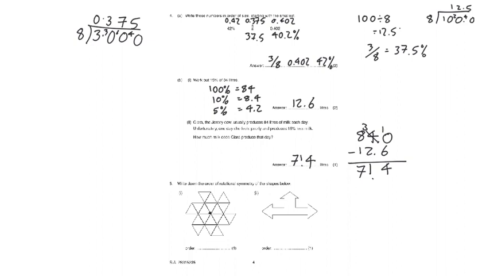You can use tracing paper, but you can imagine turning this round once, twice, 3, 4, 5, 6, and get back to where we started. So 6 times. And then this one, we've got to go all the way around, so there's only one position where it's the same. So that has no rotational symmetry.